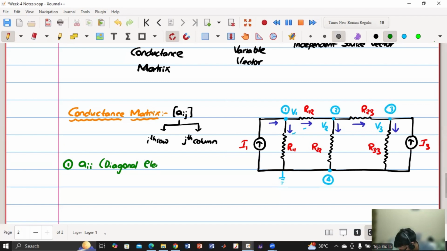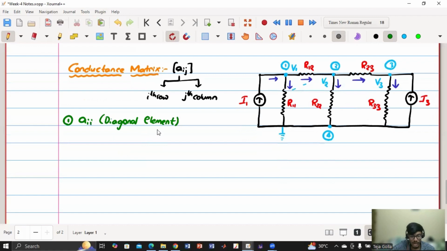The diagonal element will be the sum of the conductances connected to that node i. So you can say that it is the total conductance at node i.